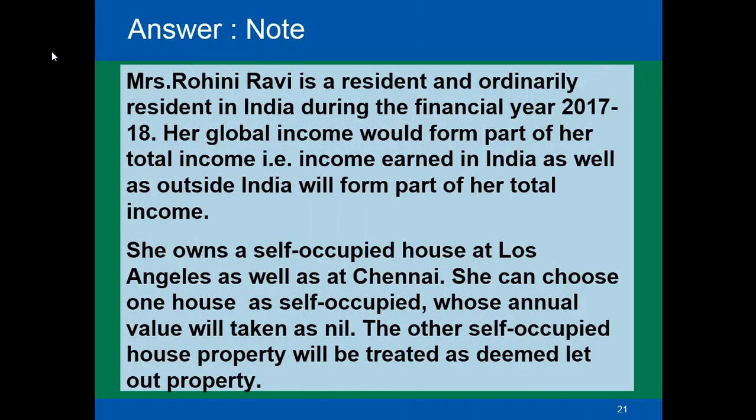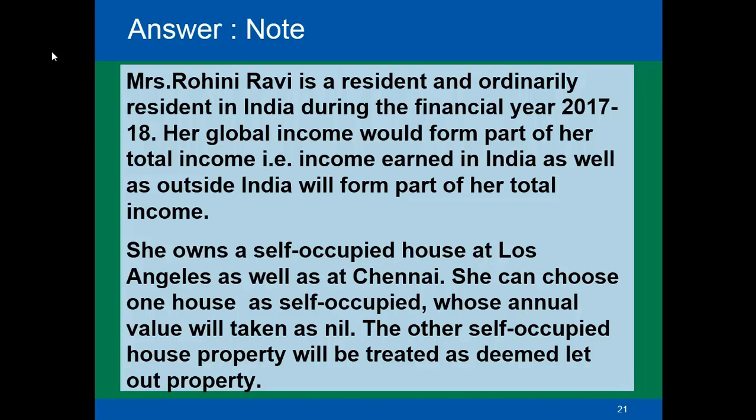Now, Mrs. Rohini Ravi is a resident and ordinary resident in India. Her global income would form part of her total income. Income earned in India as well as outside India will form part of her total income. Now, in the question it is given that she possesses a self-occupied house at Los Angeles and there is a house also in Chennai.